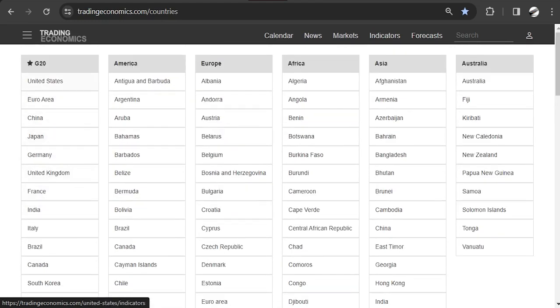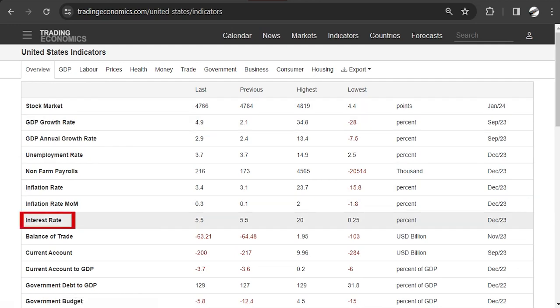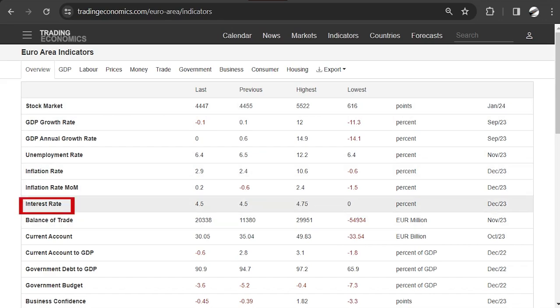For example, if I go under United States and I come to interest rate, I can see that it is 5.5. Let me go back again. Let me check that of Euro area. I go to interest rate, it is 4.5.